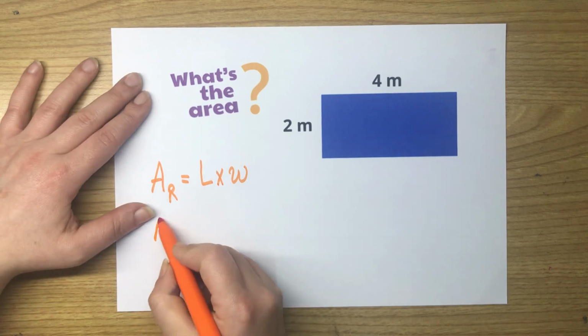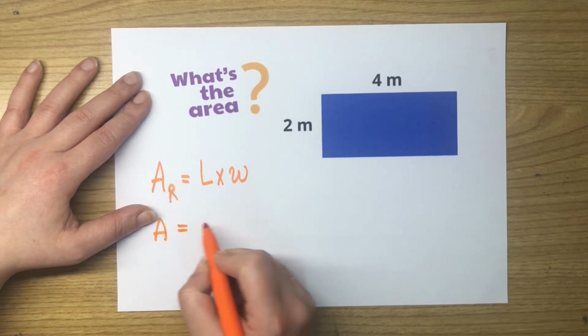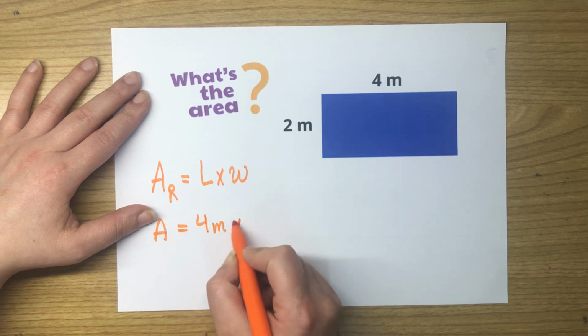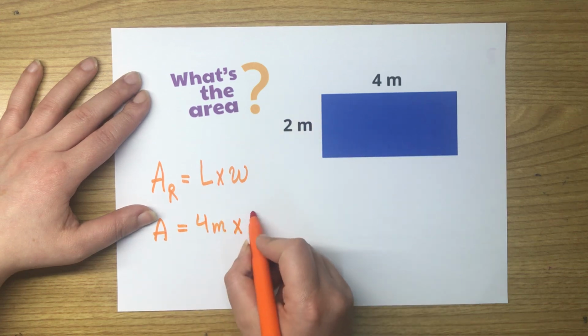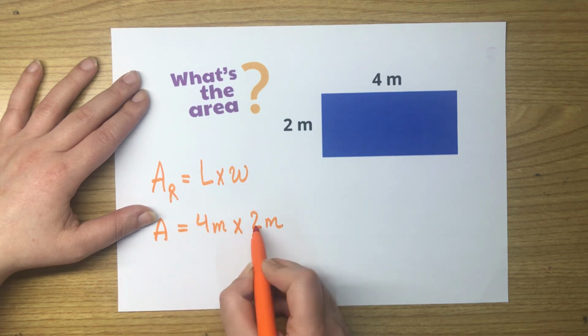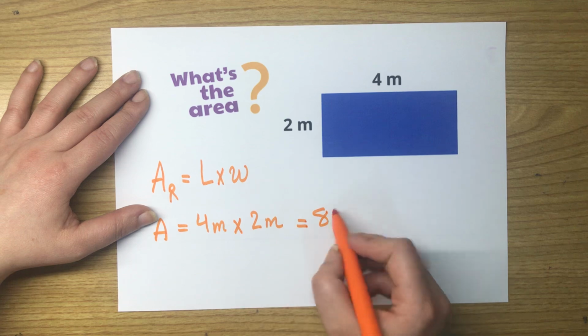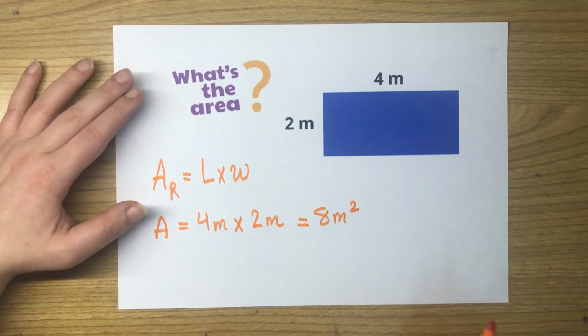So the area in this case, we have the length is equals to 4 meter times the width, which is 2 meter. Okay, then 4 times 2 equals 8. Meter times meter equals meter squared.